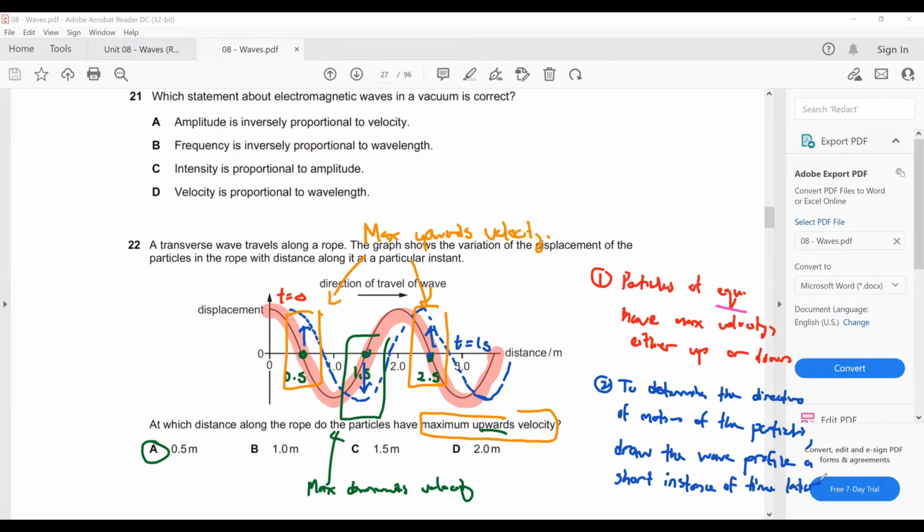So when you want to determine the direction of the motion of the particles, just draw a wave profile a short instance of time later, like the ones that I've just drawn.